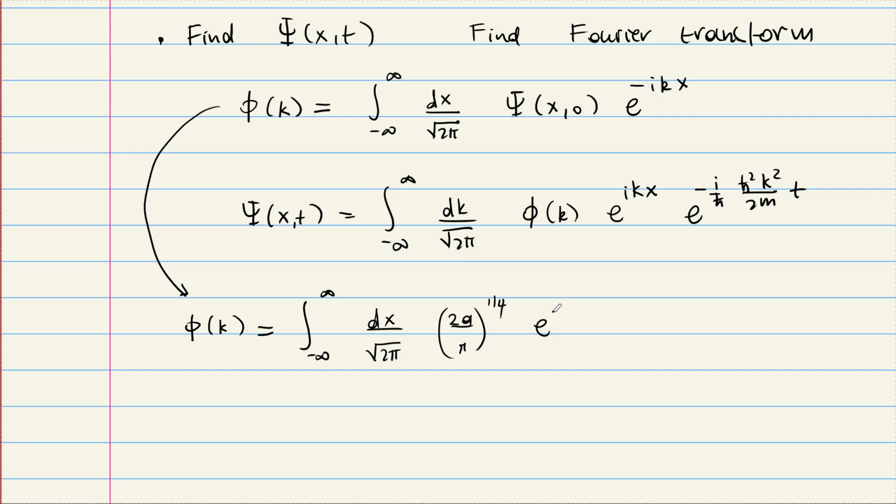And I have e to the minus a x squared. Now I wrote this object. And e to the minus i k x. Good. Any questions? Any comments?